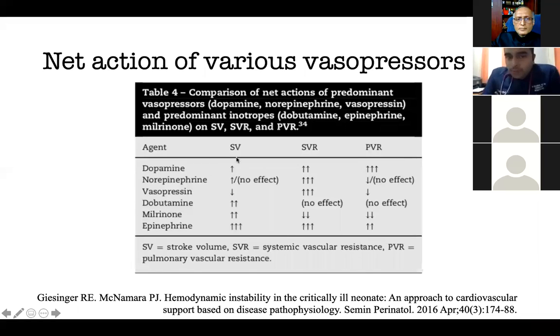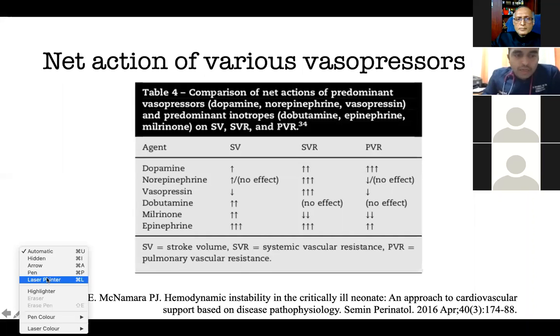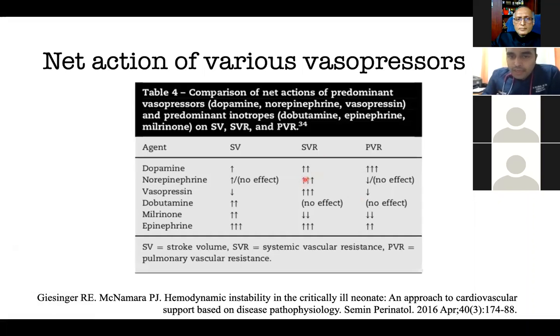So this is another important slide, where the net action of various vasopressors is shown. Dopamine increases stroke volume, systemic vascular resistance, and at higher doses it increases pulmonary vascular resistance. Norepinephrine, I have already told, is mainly an intense vasoconstrictor and it has got minimal action on stroke volume. Vasopressin, SVR. So vasopressin, norepinephrine mainly increase SVR with only minimal action on the heart. Dobutamine, predominant action on the heart.